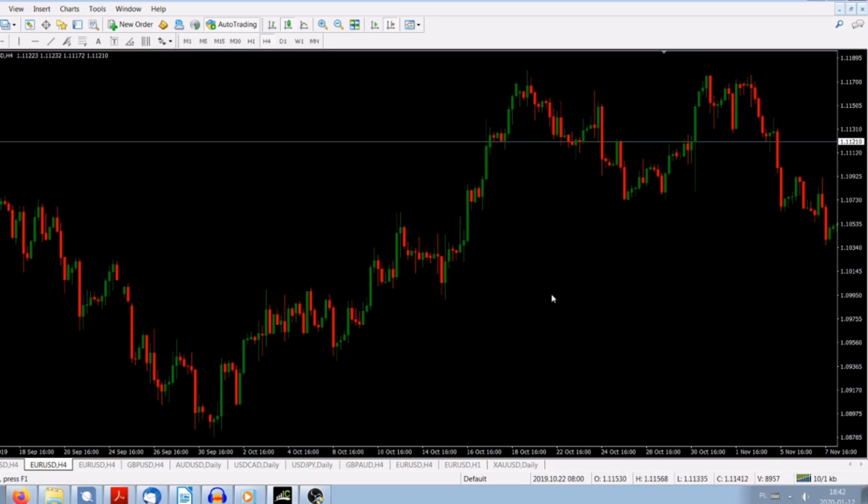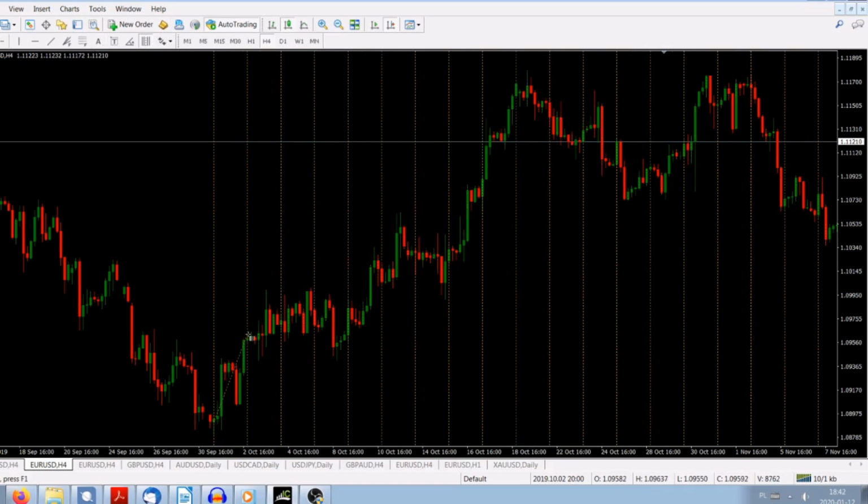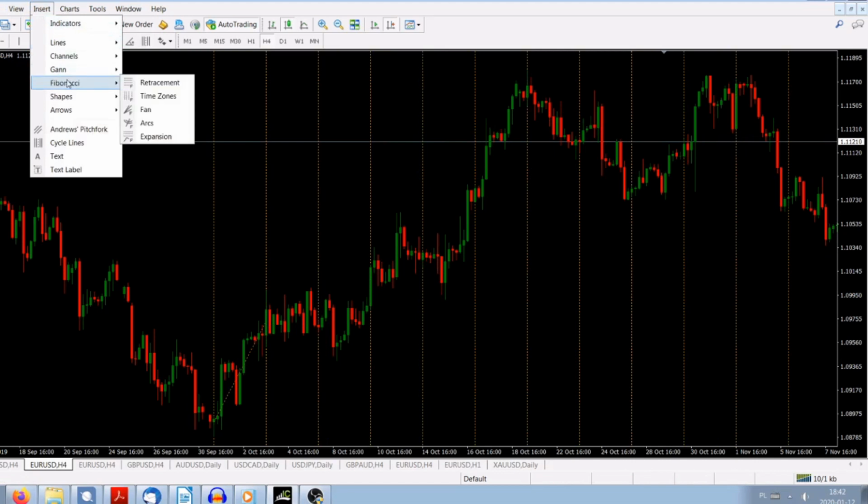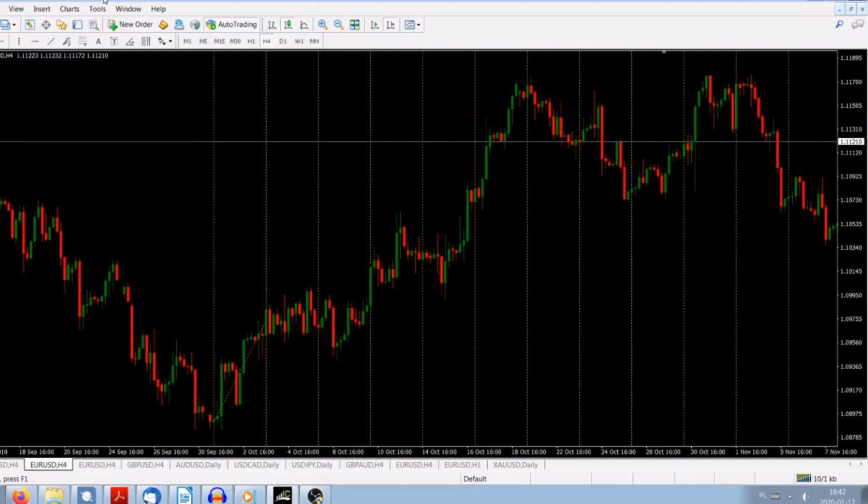The tool I'm using for determining the chart as a time factor is so-called Fibonacci cycles. You'll find them over here, under insert Fibonacci, time zones, it's called. So it's Fibonacci time zones. I put them here.